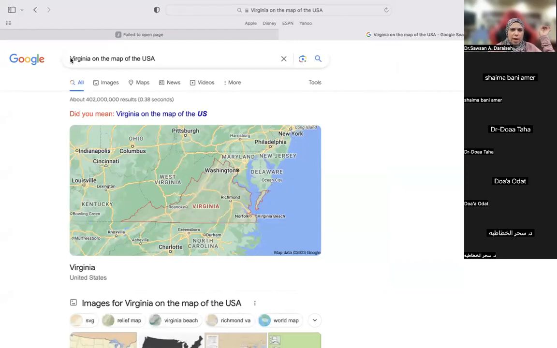So this is the map of Virginia. This is the Atlantic Ocean, by the way, okay? And this is Virginia. Do you see Williamsburg? I don't see it, honestly speaking. So this is the map of Virginia. I can see at least Washington.